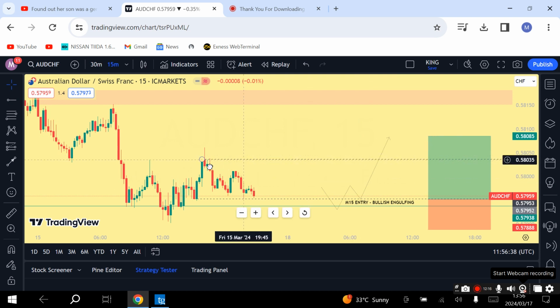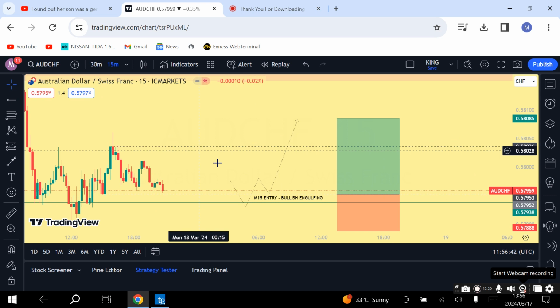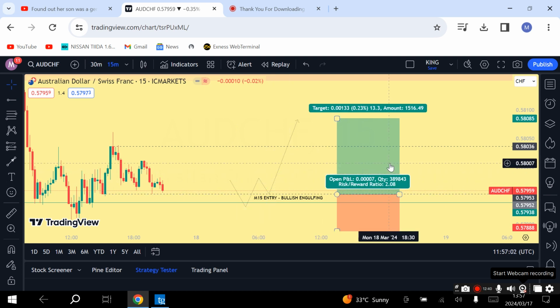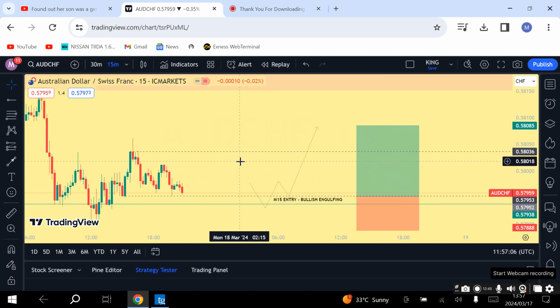I just want price to push down into these areas, right? As soon as price has pushed down into these areas, I want it to push back up into the area, and then retrace back into this area. As soon as it retraces back into the area, I'm waiting for a bullish engulfing, then I'll enter strictly 1:2 RR, right?